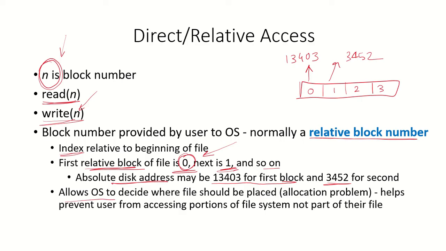So this allows the OS to decide where the file should be placed, which is the allocation problem, and helps prevent the user from accessing portions of the file system that are not part of their file. So the operating system keeps information about all of this, and the user is not allowed to access these portions of the file system. We will look into the disk structure in our next video.